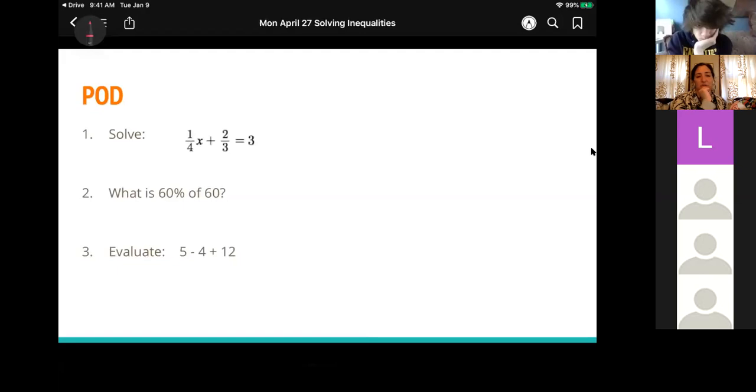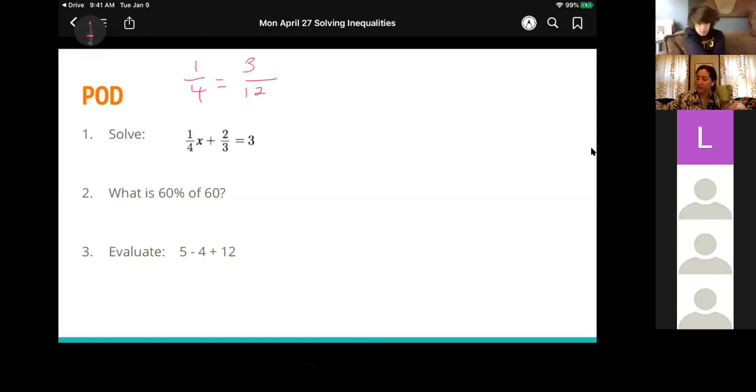And then I want to show you something cool that makes this problem even easier once you have all the common denominators 12. So if I was working with 1/4 and I wanted to have a common denominator of 12, 1/4 is equal to how many 12ths? 3/12. Thanks, 3/12.